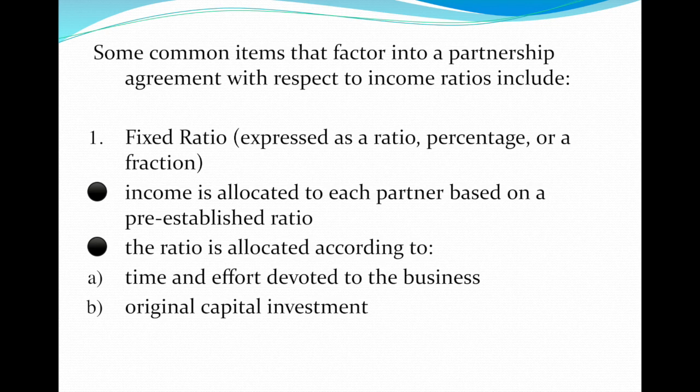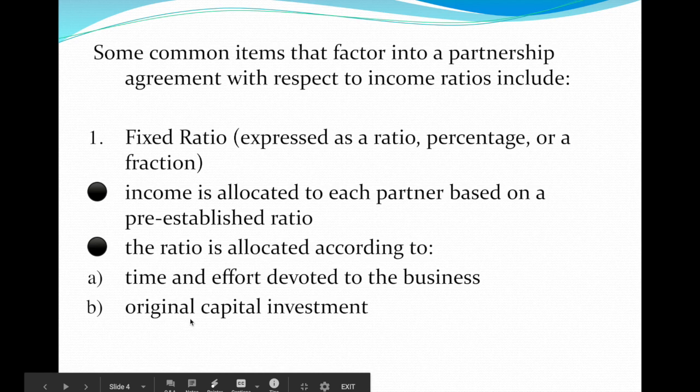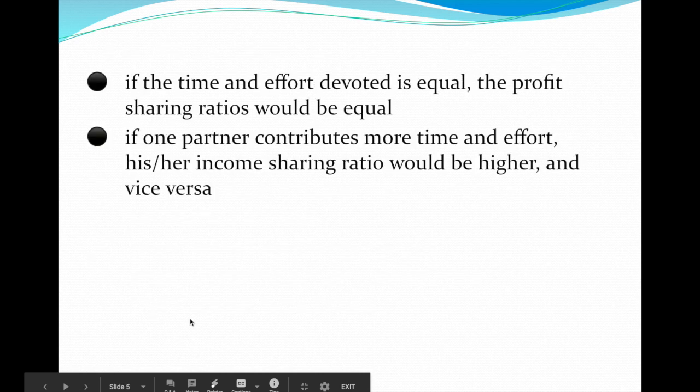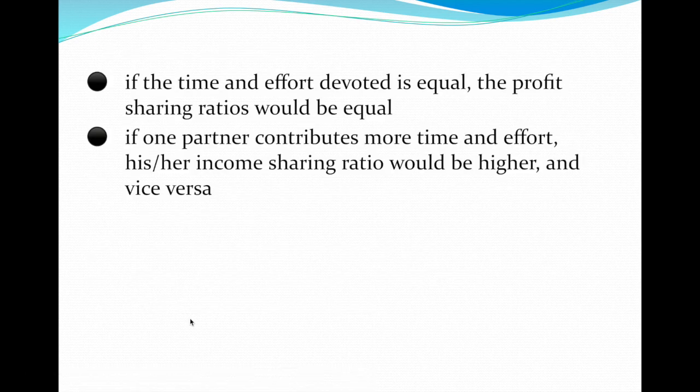They're all friends, so they may have decided to just do it equally. But it could be 40-40-20, 35-35-25. Who knows? It's up for the partners to decide. But these are the two main factors that usually govern what an income ratio will be. If time and effort devoted is equal, profit sharing ratios would usually be equal. Again, there are many different circumstances. It all comes down to what partners decide.